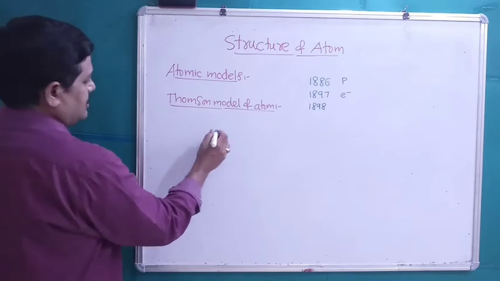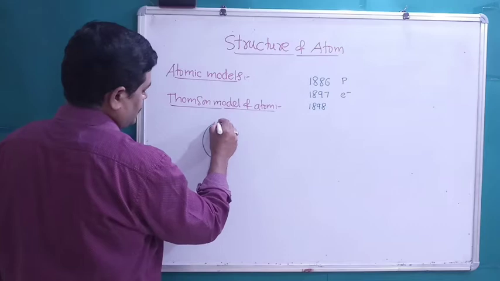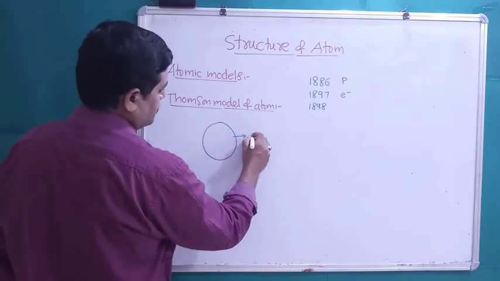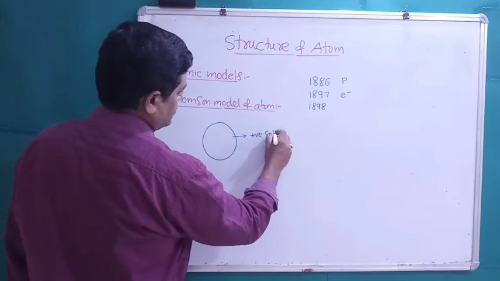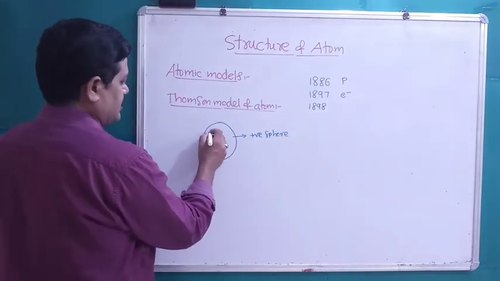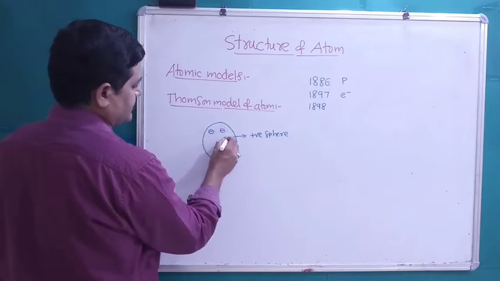Thomson considered the atom as a positive sphere, and electrons are uniformly distributed throughout the mass.